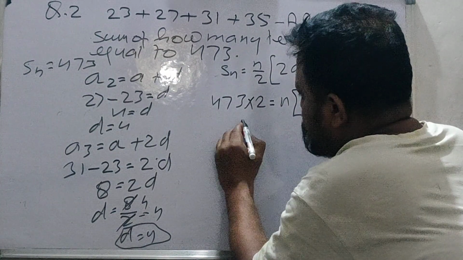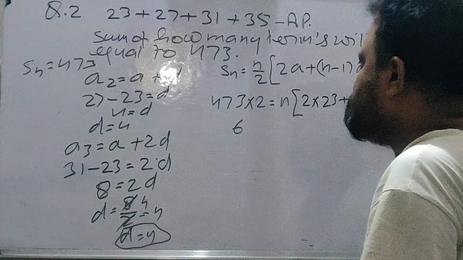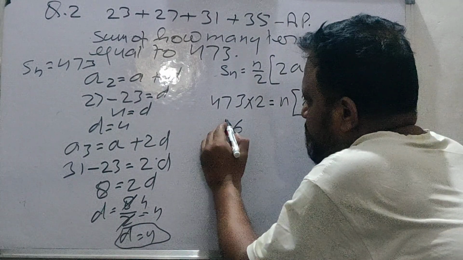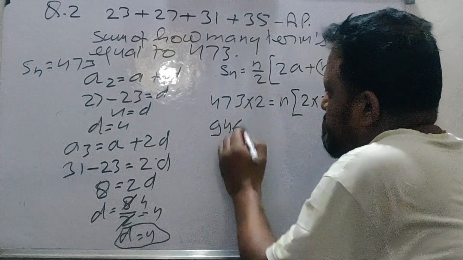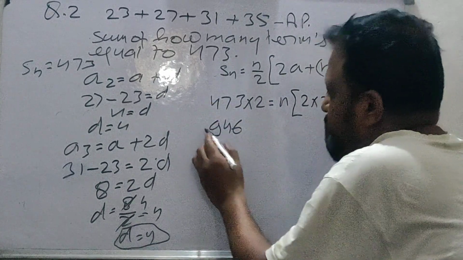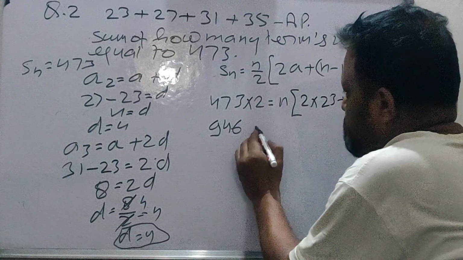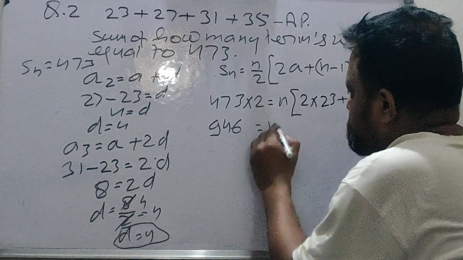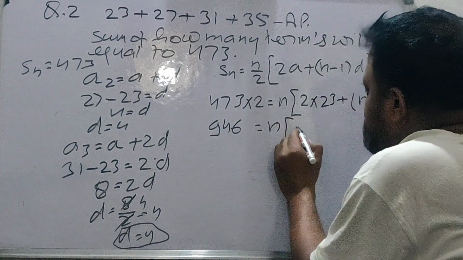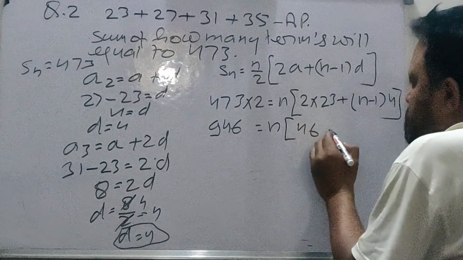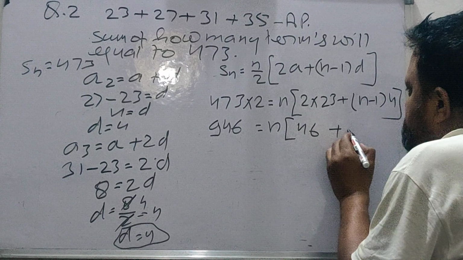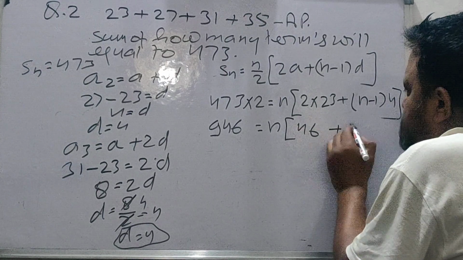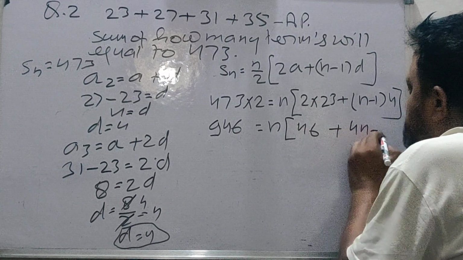So 2 3s are 6, 2 7s are 14, and 473 into 2 is 946. It becomes n bracket 46 plus 4n minus 4.